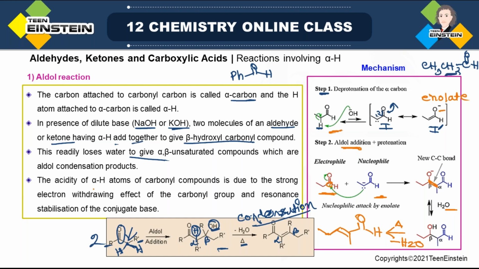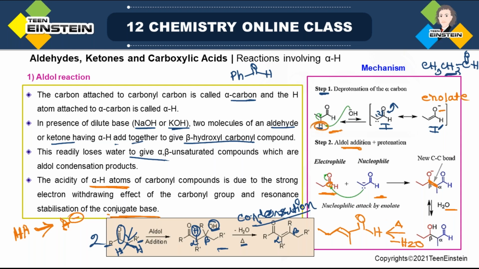This acidity of the alpha hydrogen atoms of carbonyl compounds is because of the strong electron withdrawing effect of the carbonyl group, and resonance stabilization is possible for the conjugate base. So what is a conjugate base? Conjugate base means suppose you have any acid HA, and when you remove the proton by applying some base, what do you get? You get A minus. So A minus is basically the conjugate base.